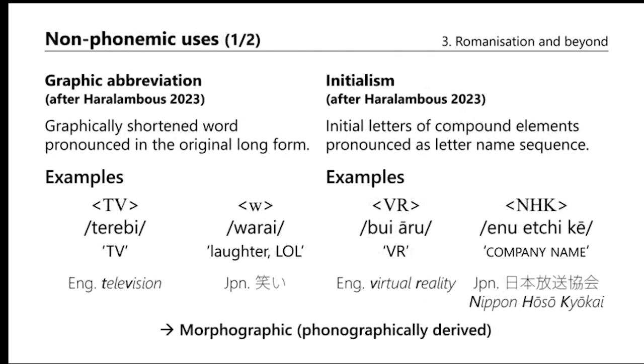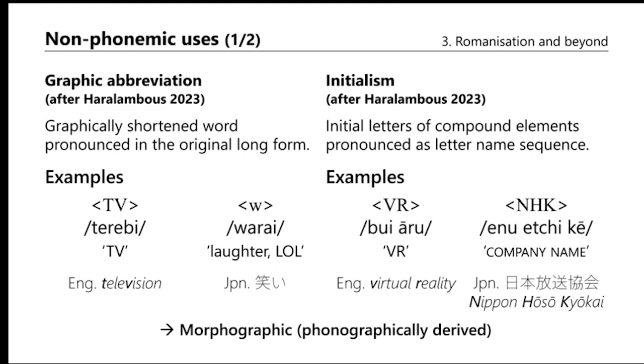And then non-phonemic uses. One type is graphic abbreviation, which is a graphically shortened word pronounced in the original long form. For example, the English word TV is written like that in Japanese as well as in other forms. But if we write it that way, it's pronounced as terebi, polysyllabic pronunciation.